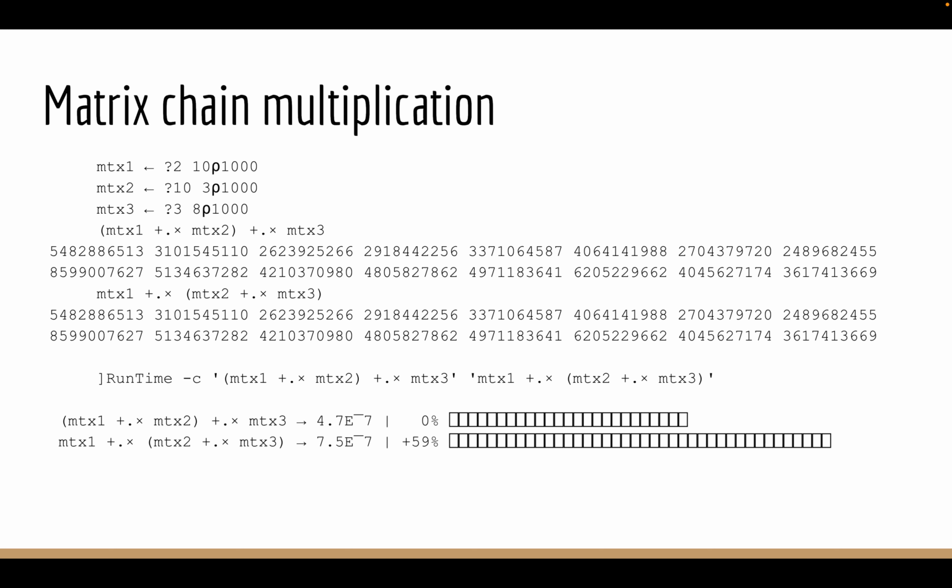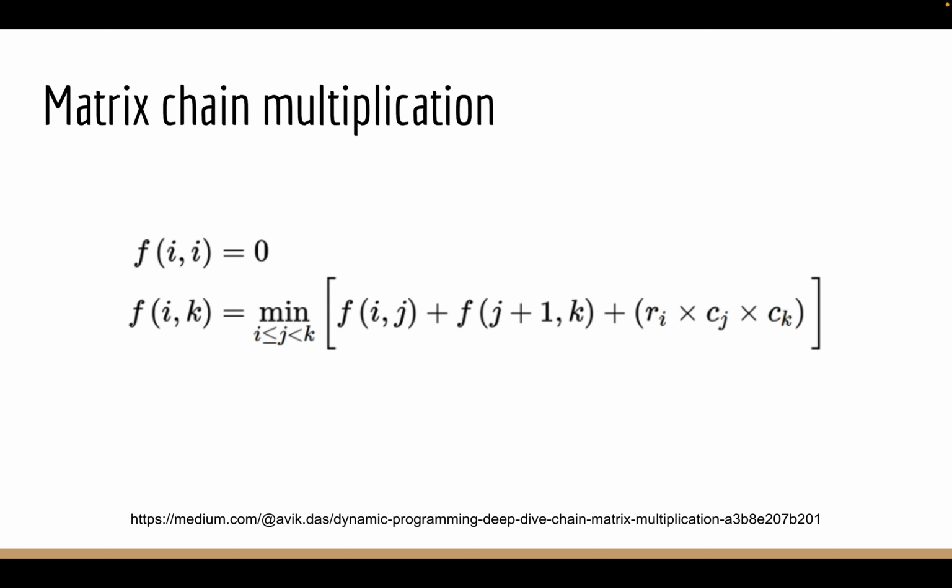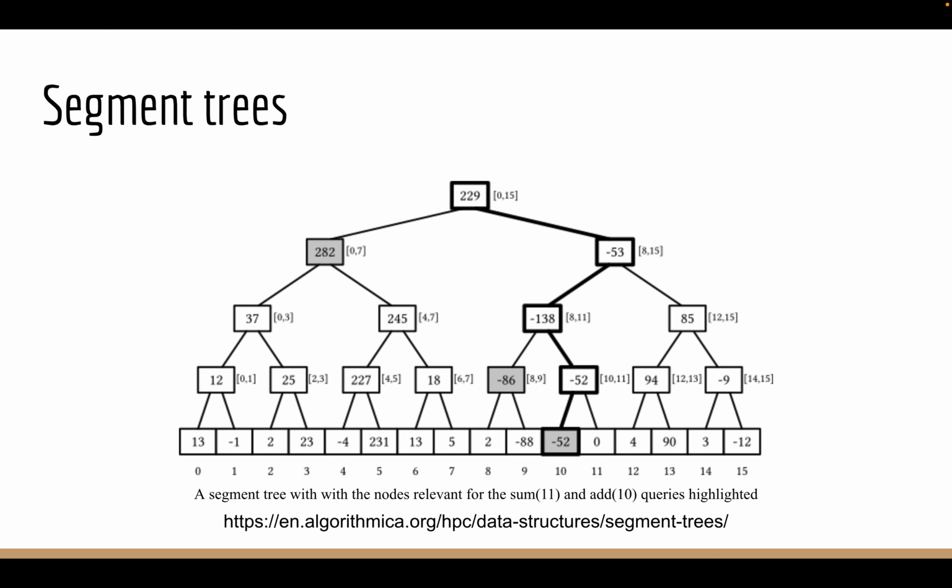So for example, when we measure the runtime of both function multiplications, we can see a significant difference. And that's why there is a beautiful dynamic programming algorithm that allows us to compute the optimal multiplication ordering.